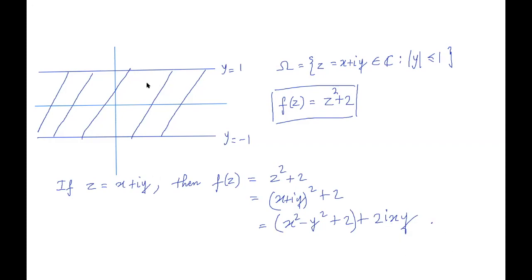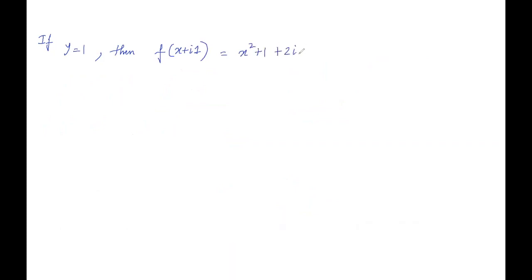Now the main thing is, how do we attack this problem? For that, we first check where the boundary gets mapped. So we check where the lines y equals 1 and y equals -1 get mapped, so that we might get a boundary for our image. If y is equal to 1, then f of x plus i is equal to x square plus 1 plus 2ix.